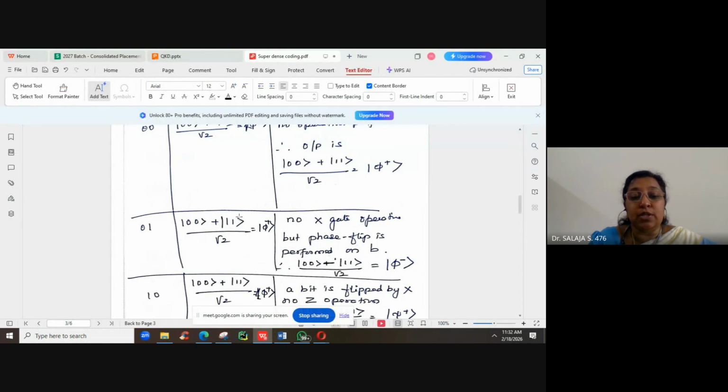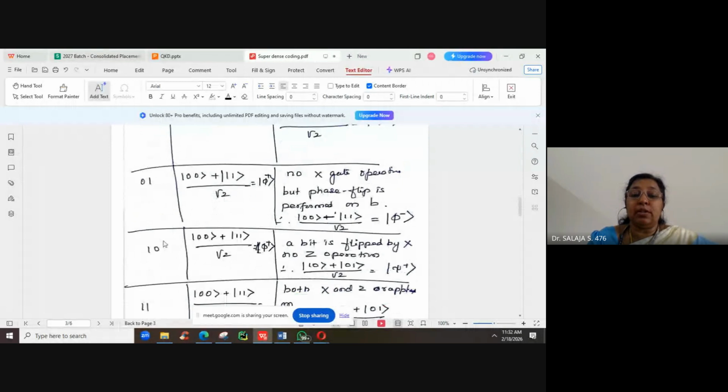So bit B is 1 over here in ket 11, and you have a phase flip operation resulting in ket 00 minus ket 11. Phase flip introduces a negative sign. So it is ket 00 minus ket 11 by root 2, which is similar to the state phi minus.